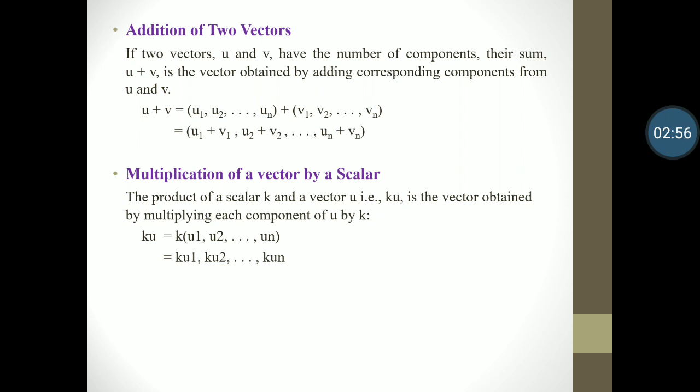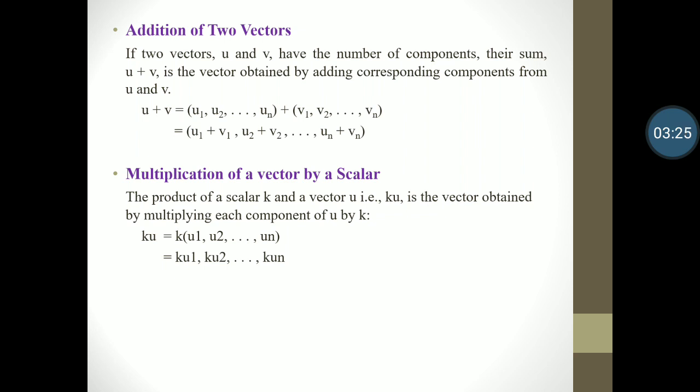That means first element of u vector plus first element of v vector, then second element of u vector and second element of v vector, and that will be our addition of two vectors. But keep in mind, for addition there must be an equal number of members in both vectors.